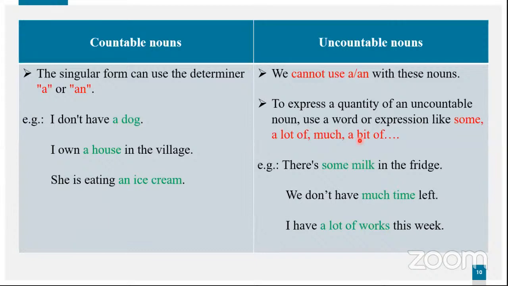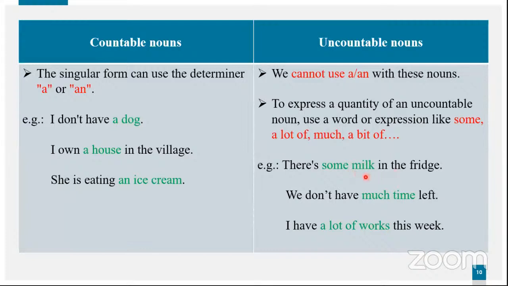අපිට යම්කිසි ප්‍රමාණයක් දක්වන්න ඕන නම් uncountable noun එකක අපි a සහ an භාවිතා කරන්නේ නැහැ. ඒ වෙනුවට අපිට භාවිතා කරන්න පුළුවන් මෙන්න මේ words some, a lot of, much, a bit of, right? ප්‍රමාණයක් පෙන්වන්න. අපි දැන් milk කිව්වොත් there is some milk in the fridge. කිරි ටිකක් තියෙනවා fridge එකේ, right?